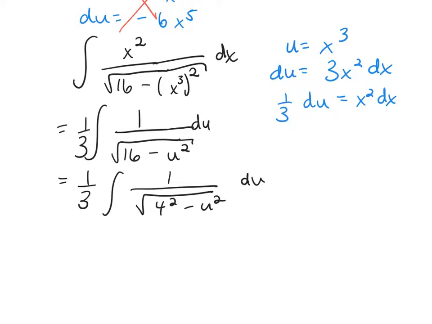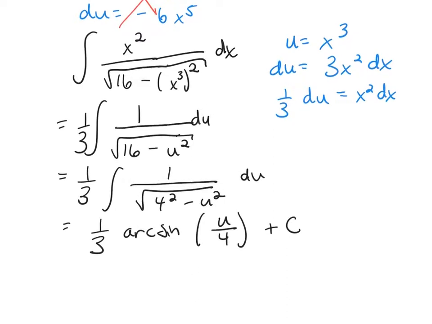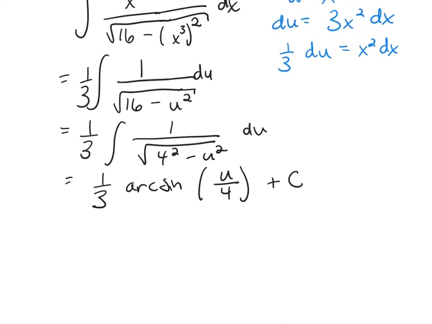It looks like arc sine. So this will be 1/3 arc sine of u over 4 plus c. And then you just have to substitute in u. U is x cubed. So this will be 1/3 arc sine of x cubed over 4 plus c.